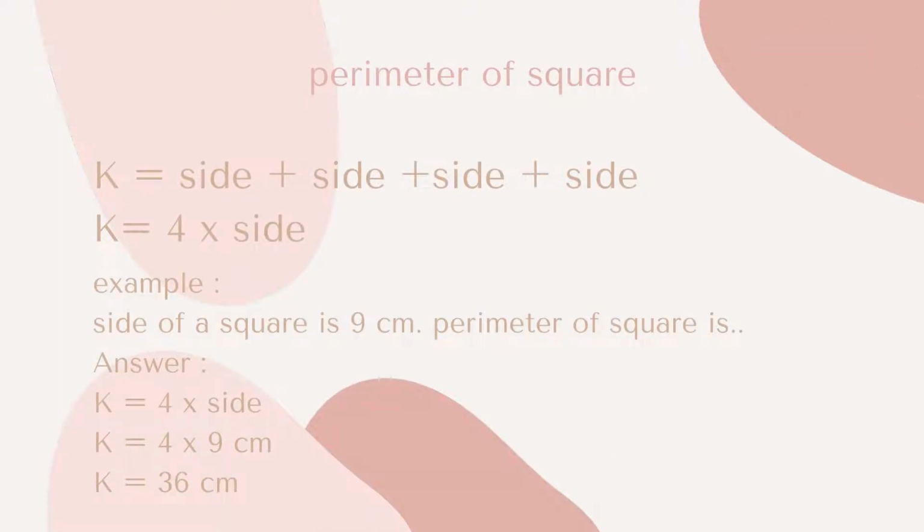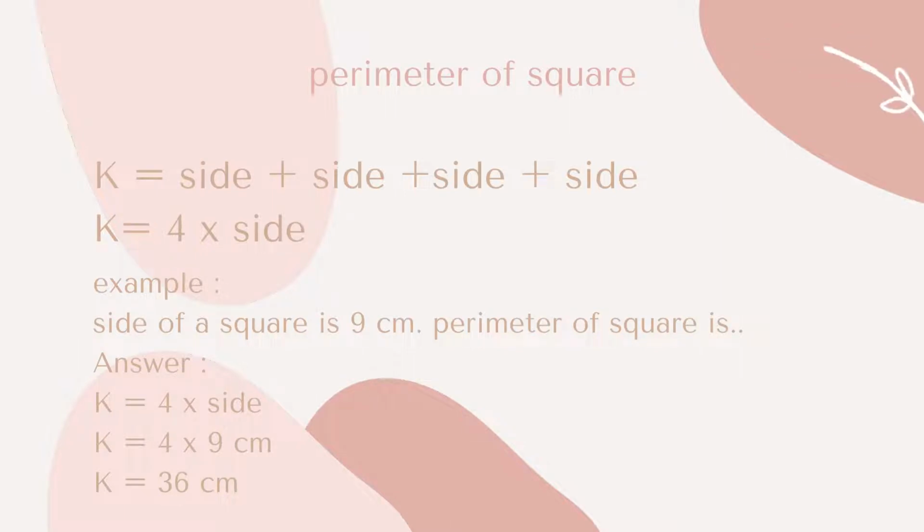If we want to find the perimeter of a square, then we just add up all the sides. In the sense that when we go around the square, we go around all the sides. So, we have to add up all the sides of the square. Then, the formula for the perimeter of a square is: sides plus sides plus sides plus sides.